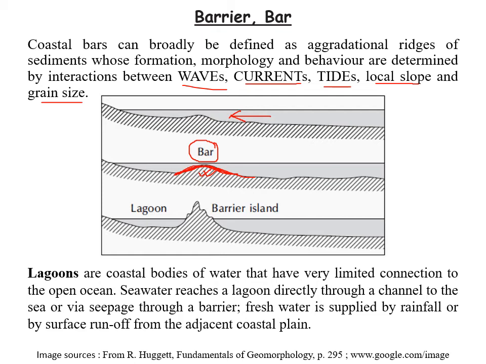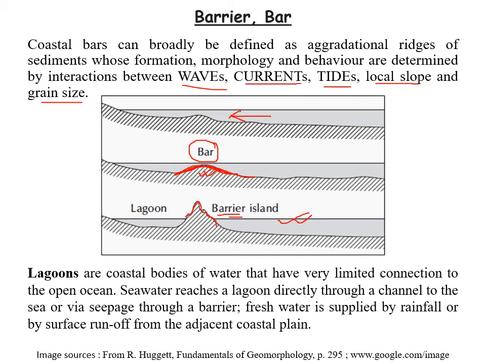Now, with prolonged deposition and thereby increase in height and surface area, when these bars are exposed into the atmosphere, exposed into the air, and form these kinds of raised portions, that is called a barrier. Now, the marine processes, that is the waves and tides, at this condition are not able to overcome this restriction and inundate these areas.